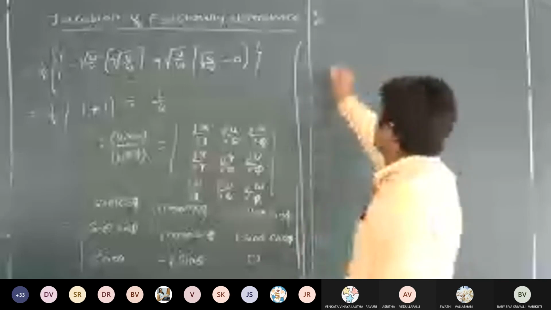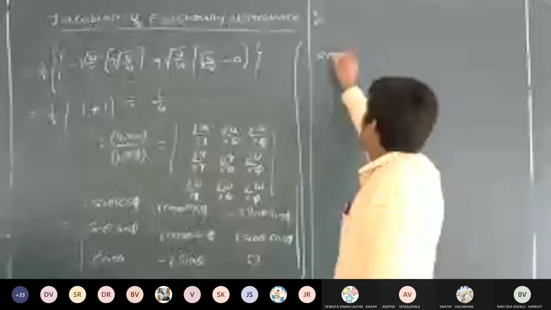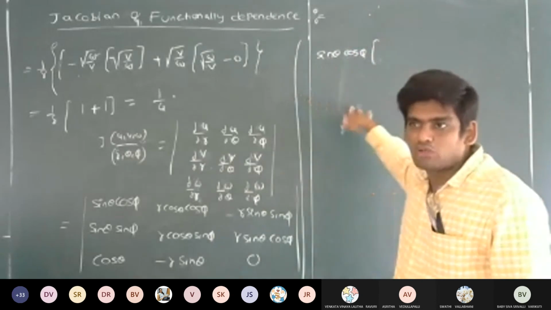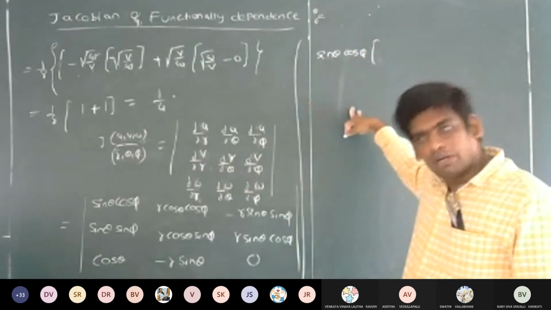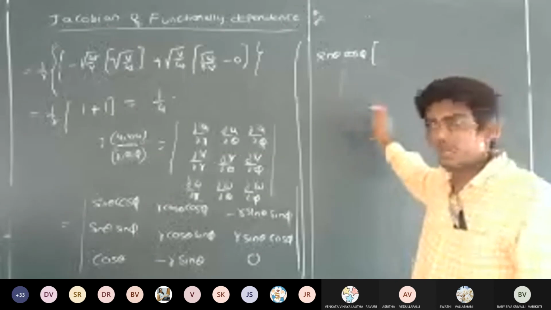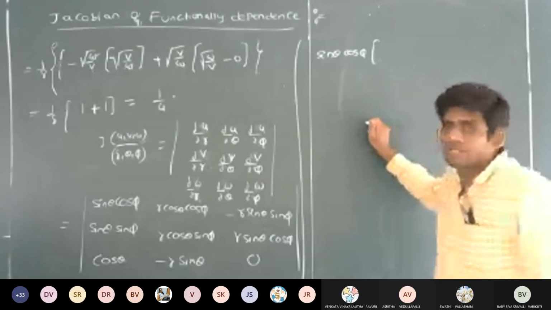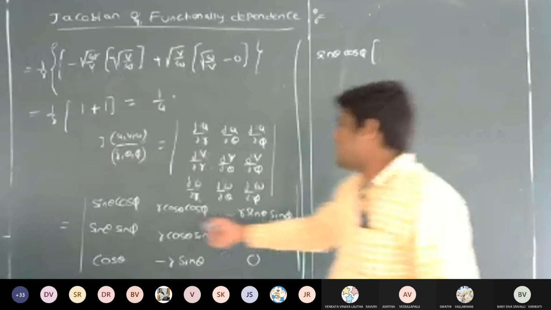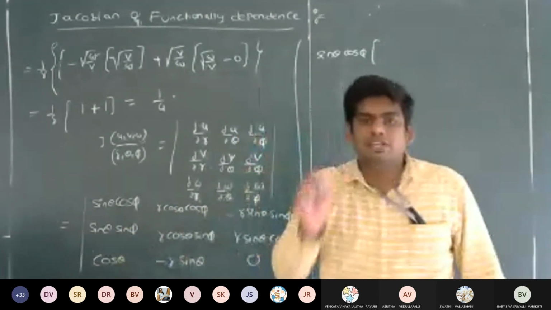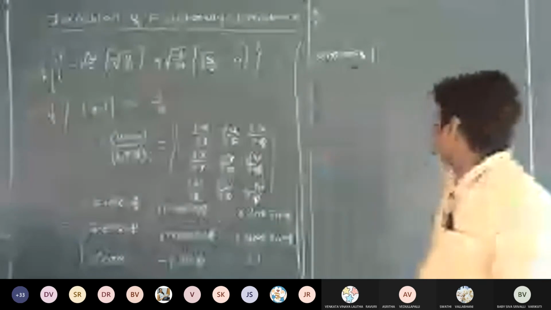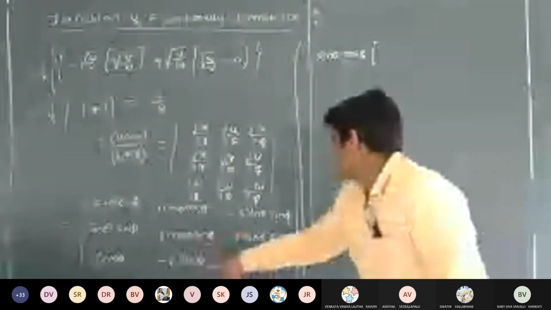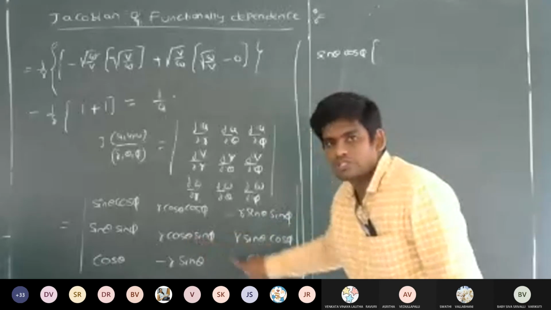So simplify this one. First one is sin theta cos phi. You have to simplify very carefully. Already we solved this one, but you can solve one more time, like a practice, so then you will get full clarity about this. Here we have some lengthy terms, no problem. After simplification, definitely we will get a simple value. So therefore, sin theta cos phi into this one is 0, this one is 0, so in this minor this value is 0.